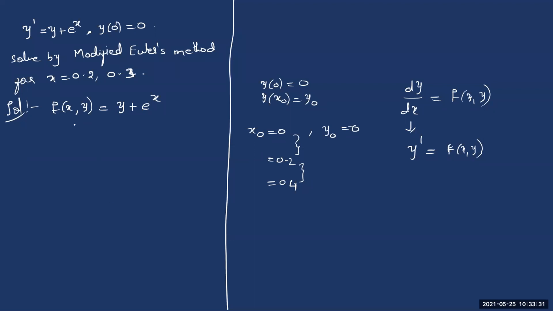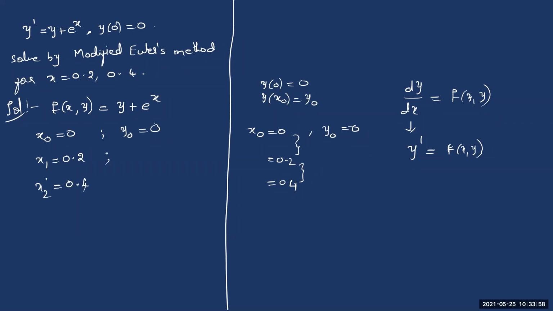Now see how we can find the solution. You can observe x naught is 0. Corresponding to this, y naught is also 0 as given in the question. Now see the next point. You are asked to calculate the solution at 0.2, so I'm taking it as x1, and the other point you are given is 0.4, so I'm taking it as x2.